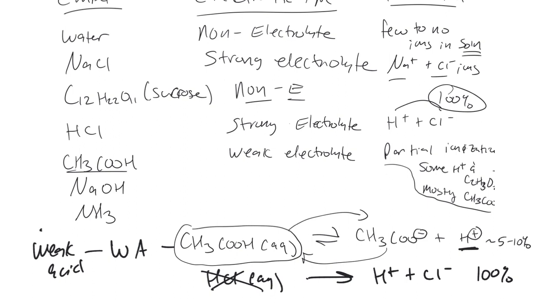And then HCl, this molecule, we call it a strong acid. So it's a strong electrolyte, but strong acid. So we have strong acids, we have weak acids. Weak acids partially ionize, strong acids or strong electrolytes completely ionize.